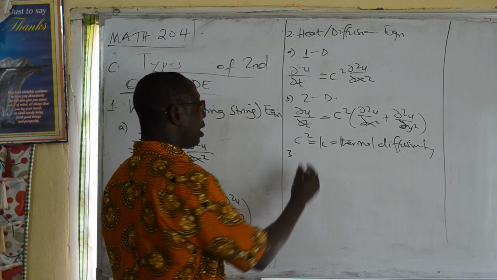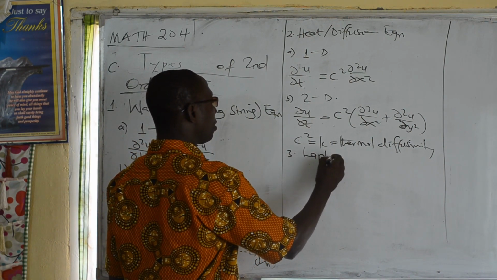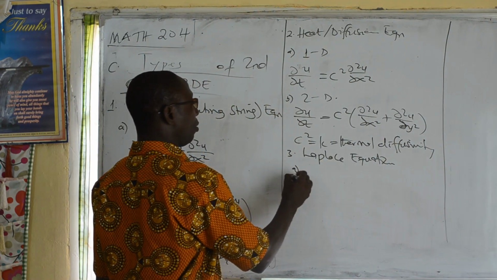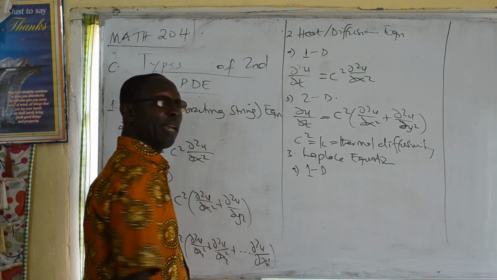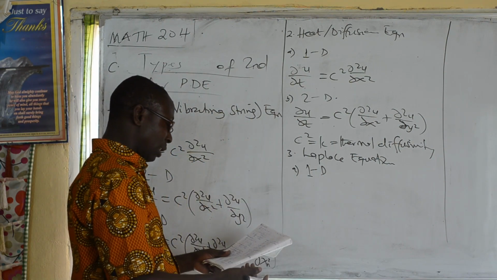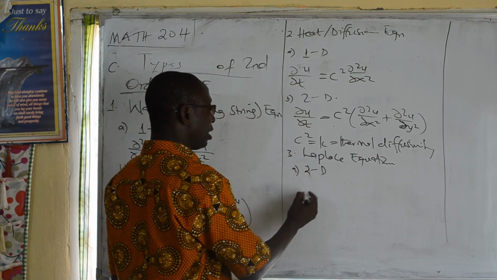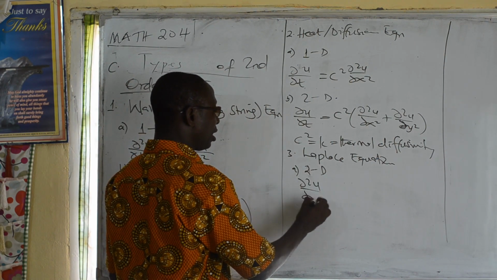The third one is what we call the Laplace equation. So Laplace is appearing almost everywhere. We also have Laplace equation in one dimension, Laplace equation in 2 dimension. But I think let's start with the 2 dimension. The 2 dimension for the Laplace equation is this.